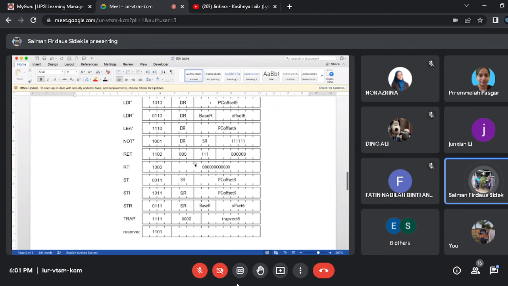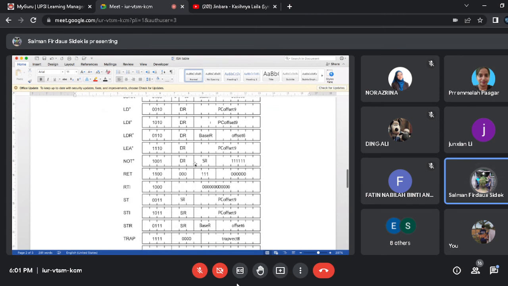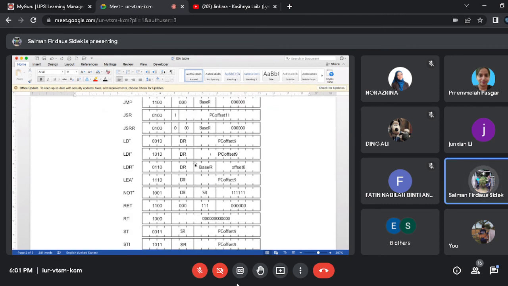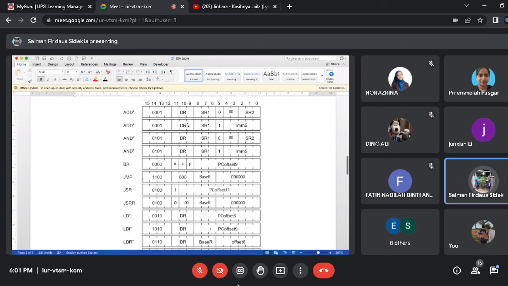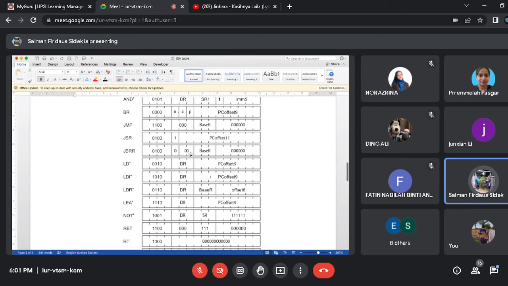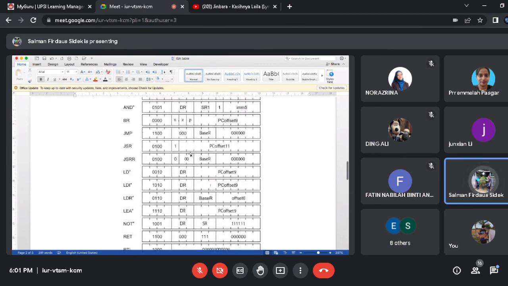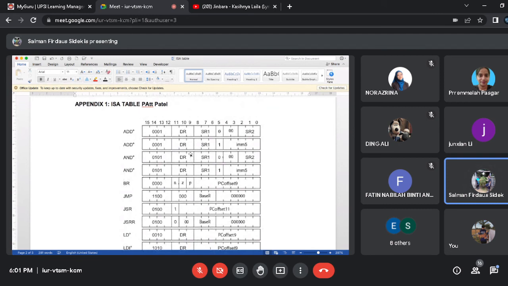Okay, so next what we're going to do is how to translate or interpret these instructions by writing out the comments. You need to know how to write the comment for the instruction. Never mind, we will learn about it. Do you have the list of instructions, or do you need me to repeat it? Repeat, sir.